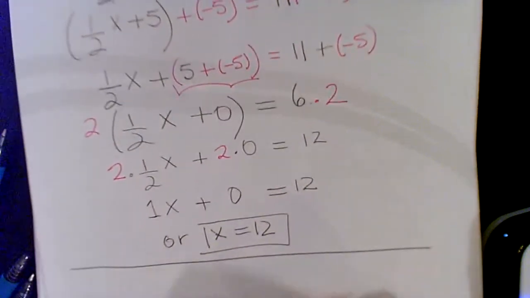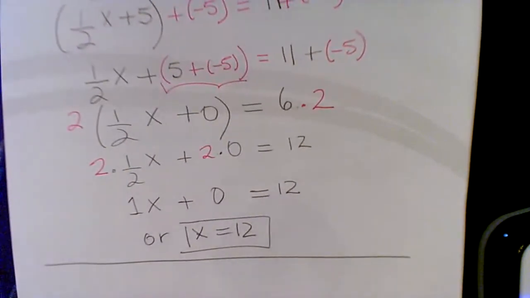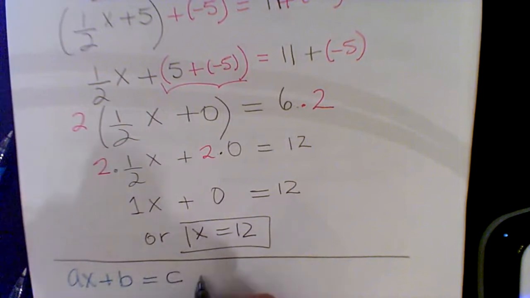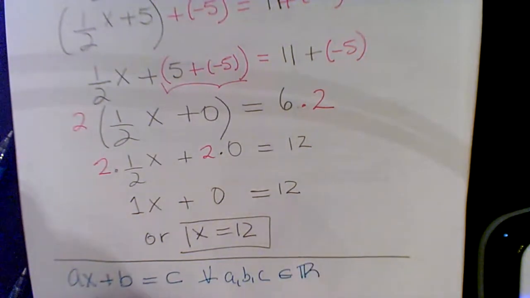Let's look at some different forms of ax plus b equals to c, where a, b, and c are elements of the real numbers. So 1/2 of x plus 5 is equal to 11.